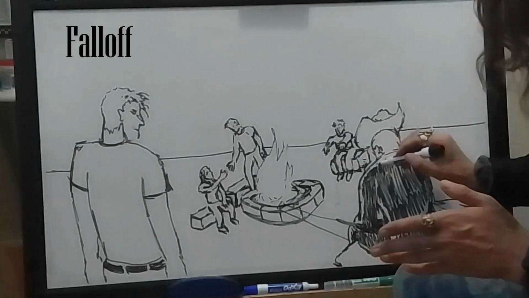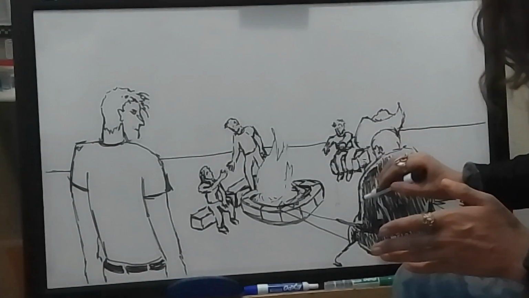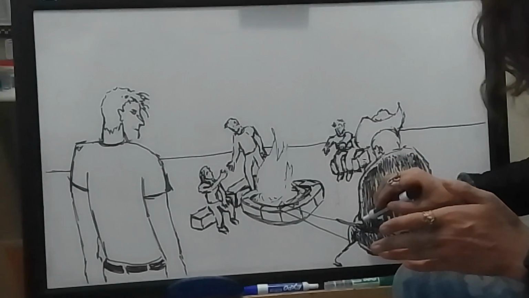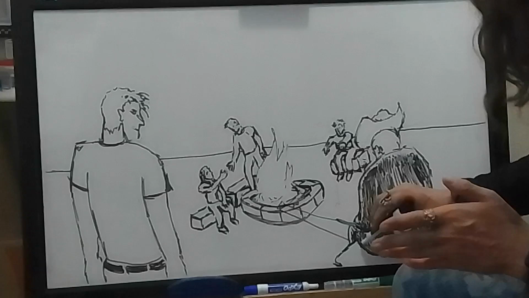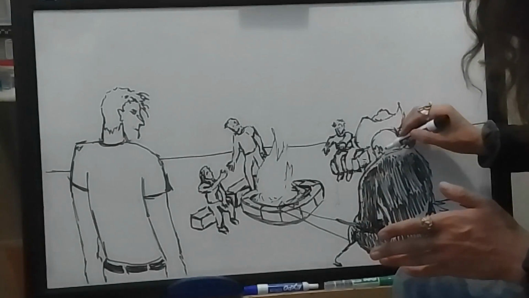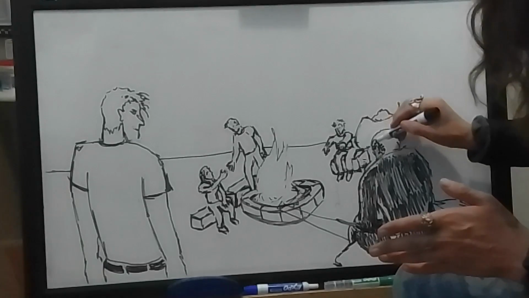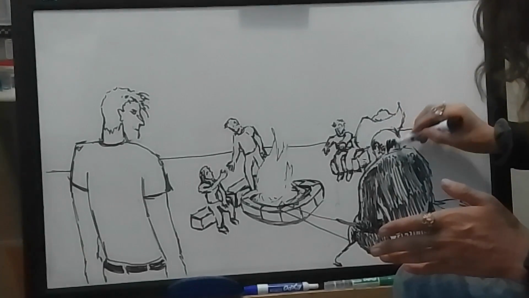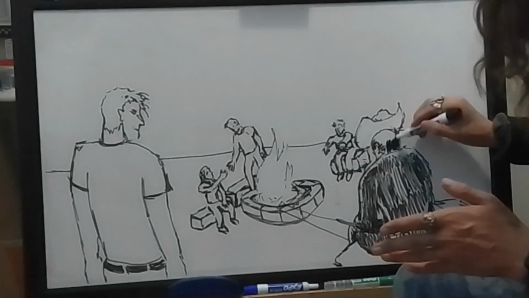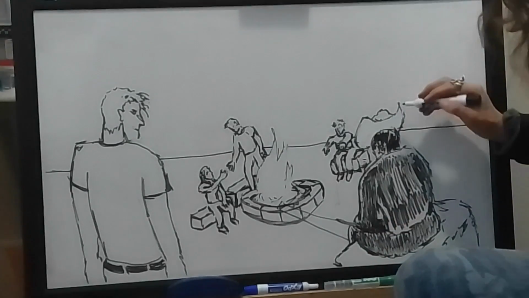It's kind of difficult to indicate this with dry erase marker. I'm just going to mark this here with a little bit of fuzziness, the fall off of that light, and make this darker.